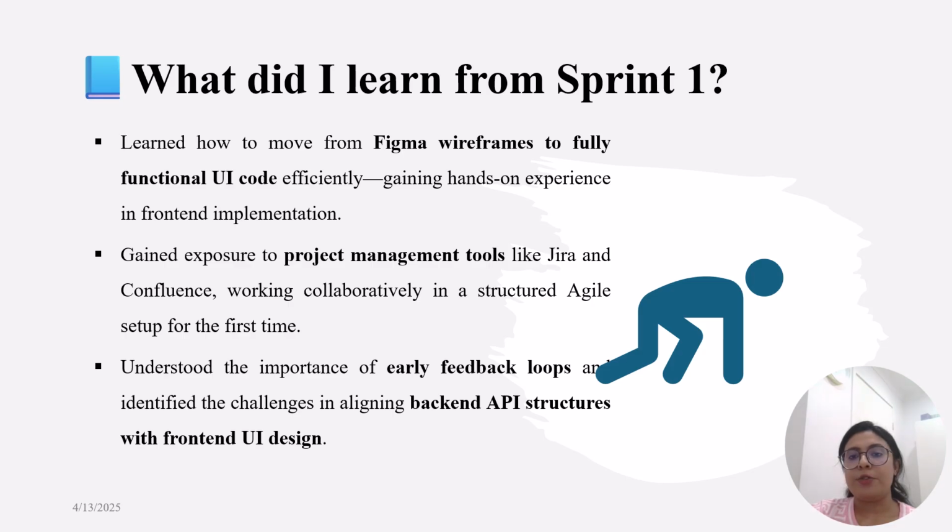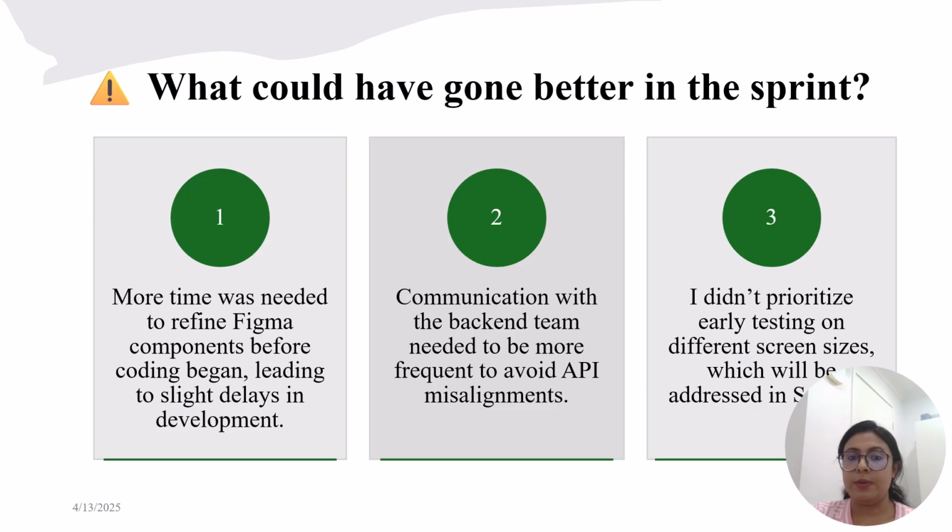What did I learn from Sprint 1? This sprint taught me how to work in an agile environment beyond theory. I learned how to convert static wireframes to dynamic responsive UI components and how crucial early feedback is during interface development.